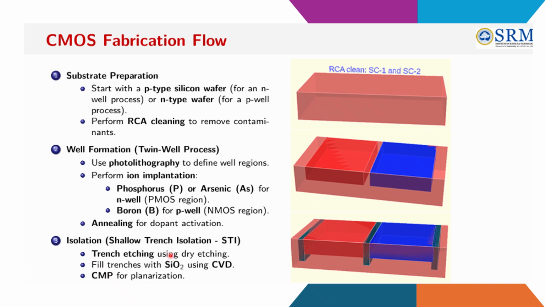Then the next step is isolation, shallow trench isolation, STI. You are going to isolate both. If both are combined, then definitely it will not work. So how will you do that? Trench etching using dry etching. Whatever regions you have already patterned using photolithography, if you want to remove some area, like making some regions which should be filled by SiO2, how will you do that?